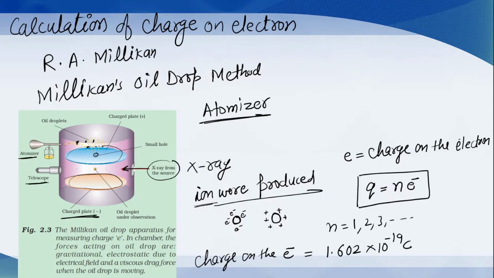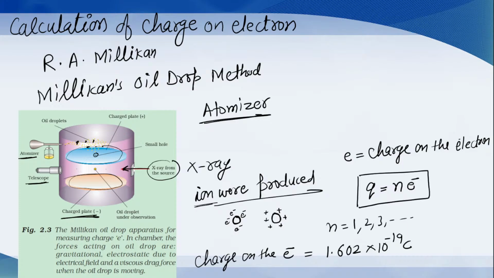So this is the way to calculate the charge on the electron, and it was determined experimentally by R.A. Millikan by Millikan's oil drop method. The total charge on the oil droplet is an integral multiple of the charge on one electron.